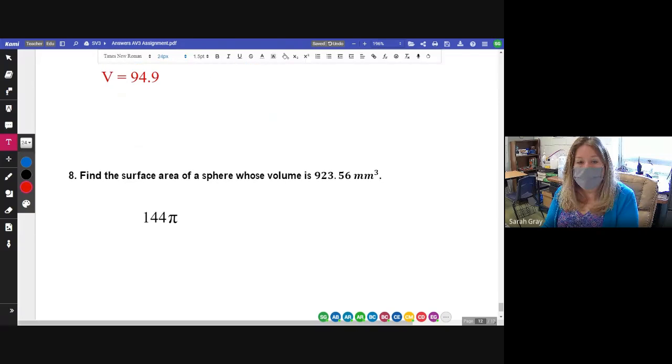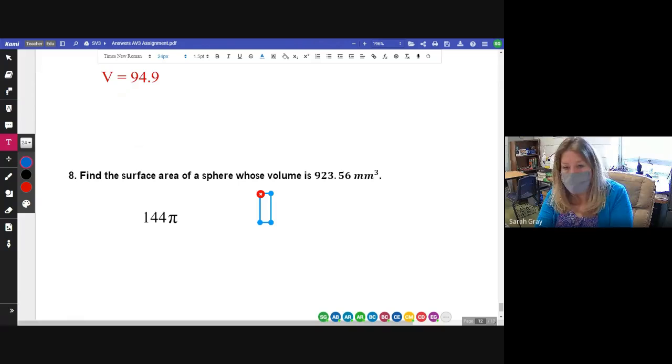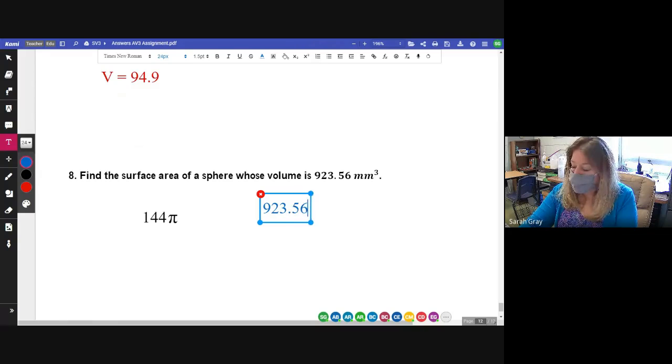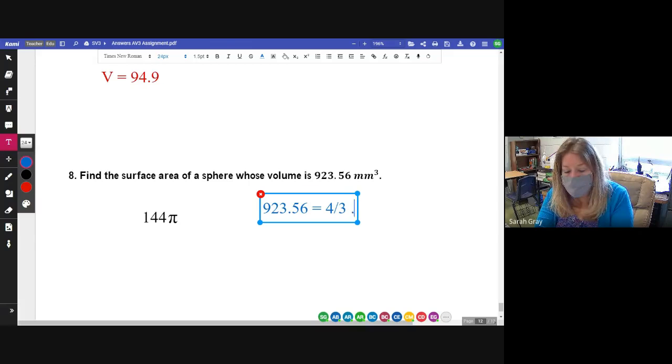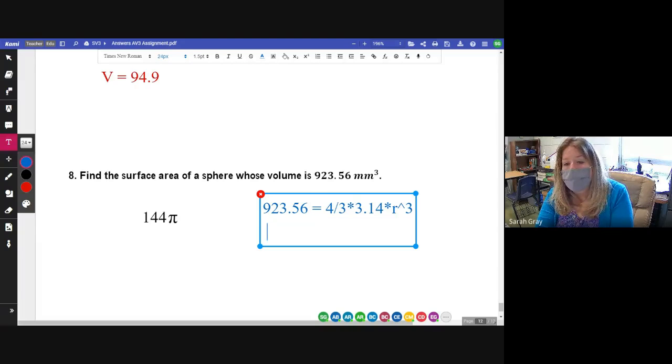Number 8 is kind of the same. This time we know the volume, so volume equals 4/3 pi r cubed, and I'm going to solve that for r. I divided both sides by 4, I multiplied both sides by 3, and I divided both sides by pi.